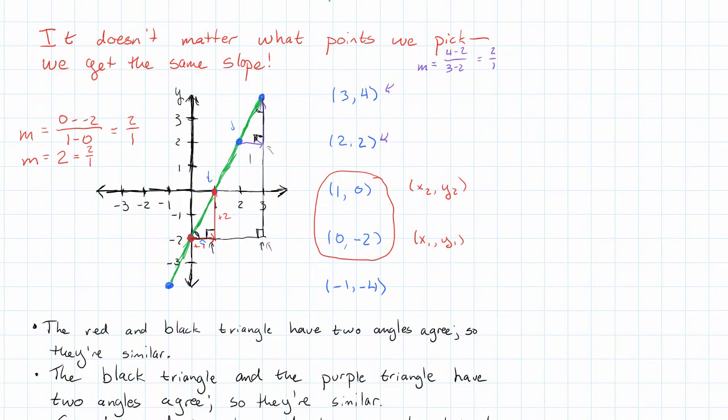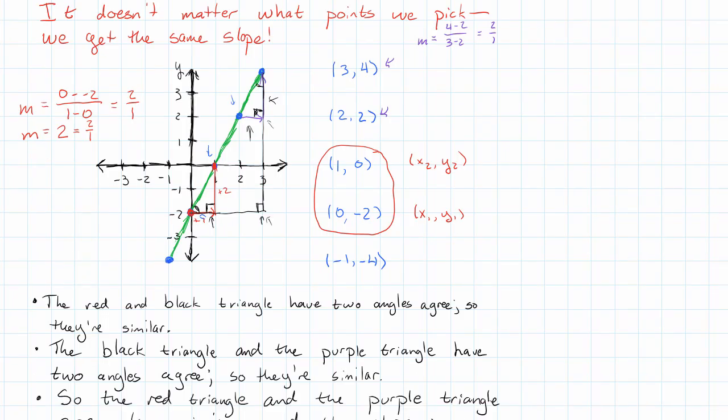Right, it's the ratio of the side on the right to the side on the bottom. Because the slopes then are calculated as ratios of sides of triangles, and for the same line all the triangles are similar, the slope is going to be the same no matter what 2 points we pick, which means we should just pick whatever 2 points seem most convenient.